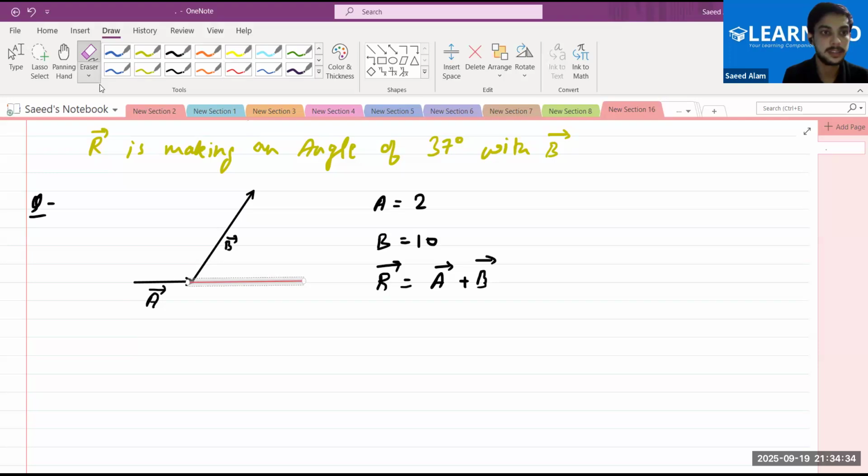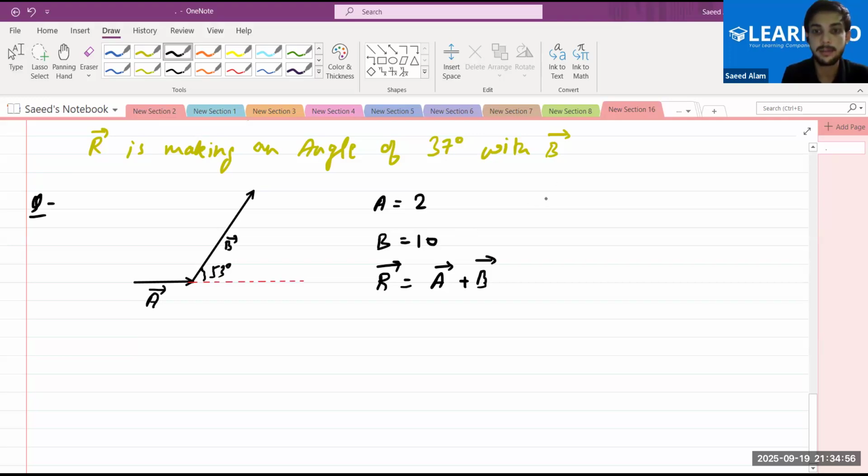Suppose this is the dashed line that I'm making over here. I drew this line just for reference so that if required I can make the angle with this. So the information I'm giving you is that suppose this angle is 53 degree.